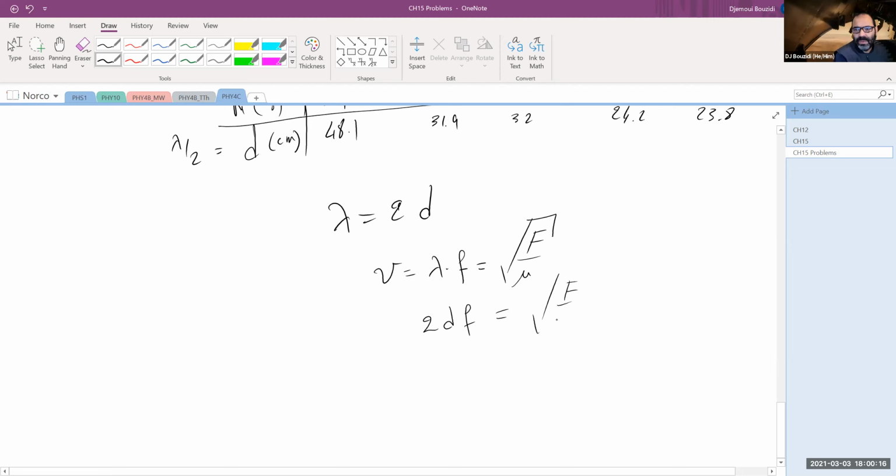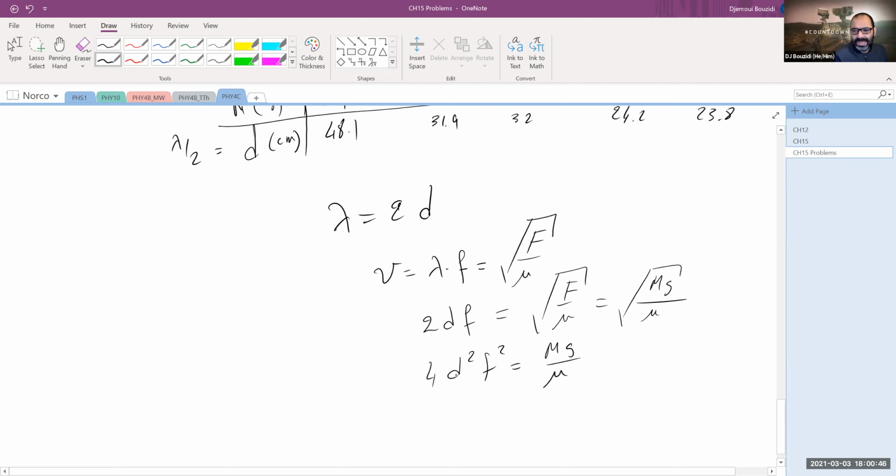equal to the square root of F over mu. And F in this case is just Mg. So it's the square root of big M times g divided by mu, because that's the tension in the string. It's the mass that hangs on the other side of the string times gravity. So if I square this relationship, I will find 4D squared f squared is equal to Mg over mu.